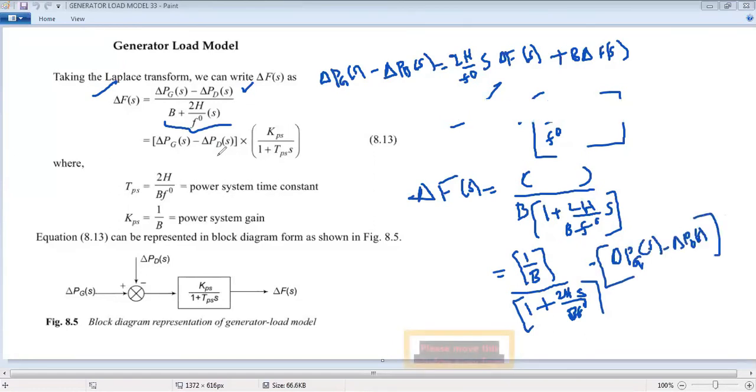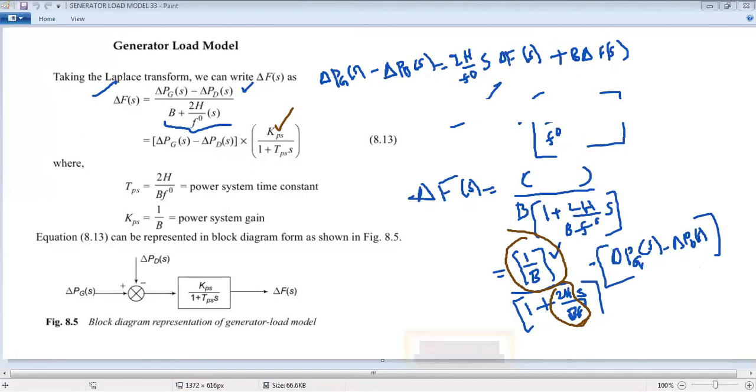Delta Pg of s minus delta Pd of s into Kps by 1 plus Tps into s. So the entire 1 by b is taken as Kps, and in 1 plus Tps into s, Tps is 2h by b f naught. So this is taken as Tps, the power system time constant.